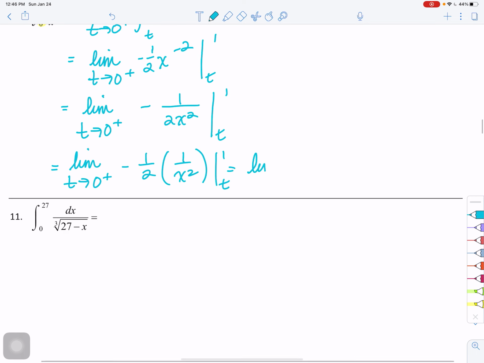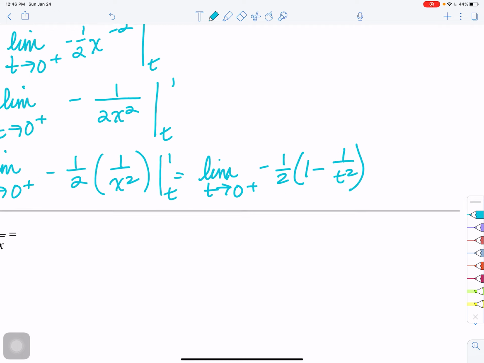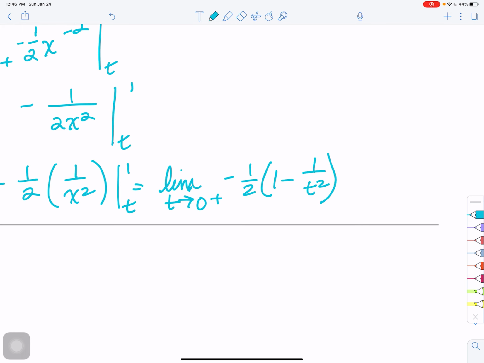And then we have the limit as t approaches 0 coming from the right of negative 1/2, and plugging a 1 in there, we get a 1 minus 1 over t squared. Now, keep in mind that if 0 is coming from the right, this is a very small positive number, and it's squared, okay?